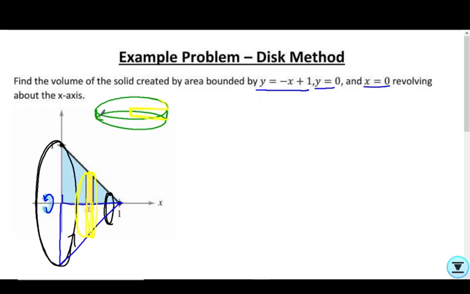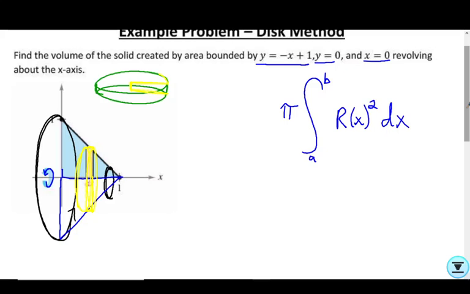Okay, so as soon as we see that we're rotating it around or revolving it around the x-axis, we know that this is the equation we're going to use: pi integral from a to b of the radius in terms of x, squared, dx. So just like we were doing with cross-sectional volume, we need to come up with r of x, which is basically the radius of this disk, this radius in terms of x.